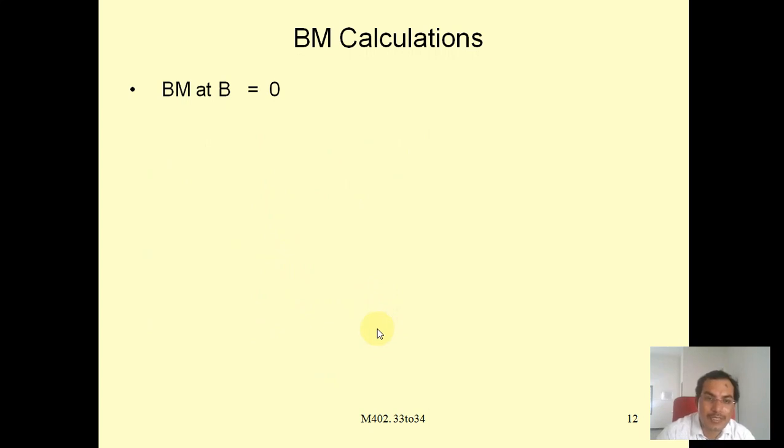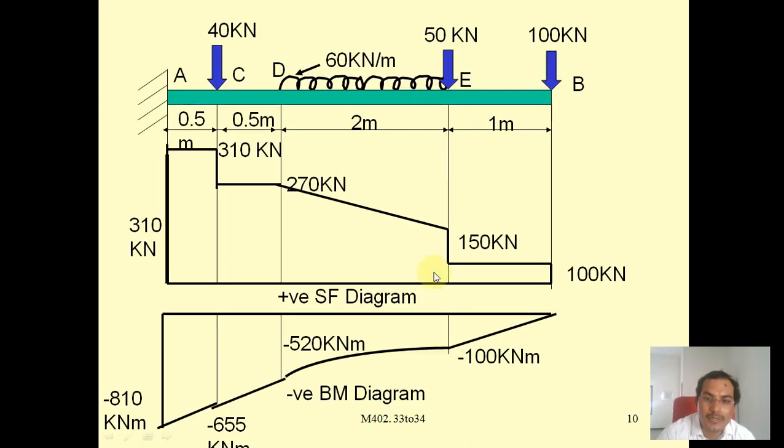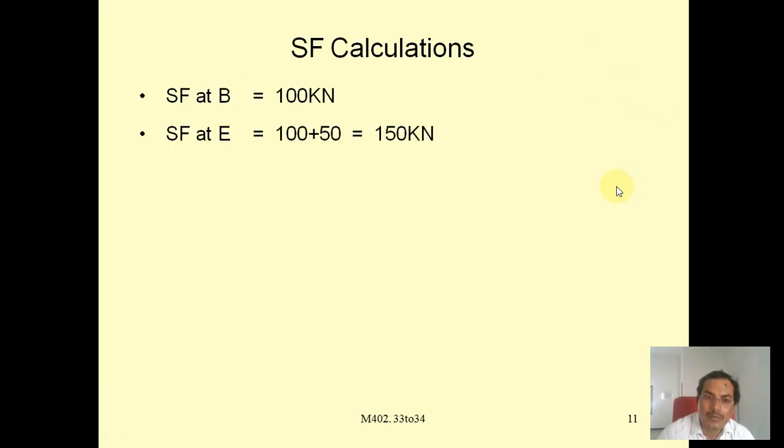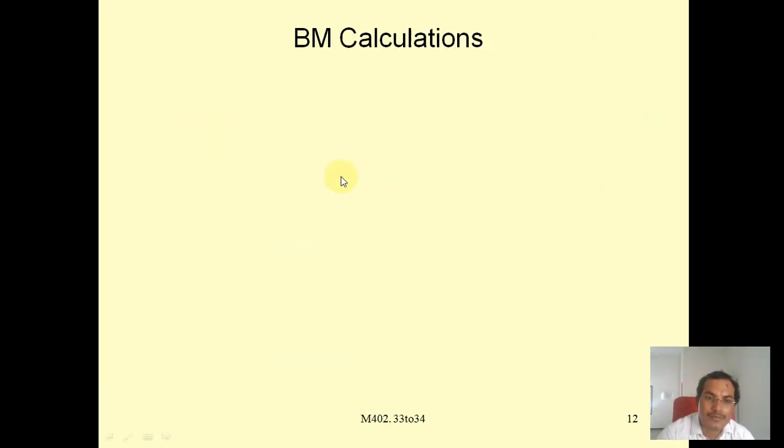That is the cantilever. And bending moment we calculate the same way, starting at the point of B. At B there is no length, so L is equal to 0, and the bending moment at B is also 0.